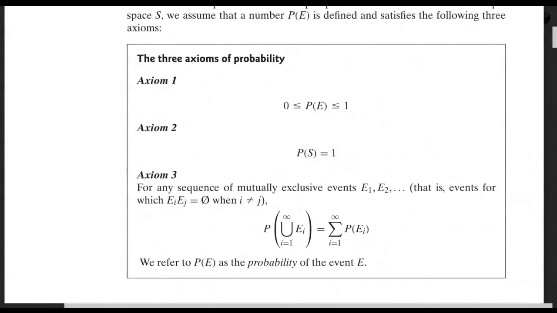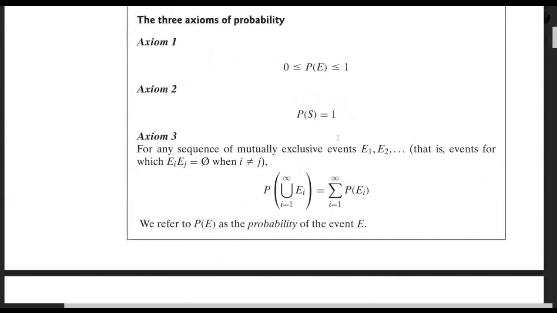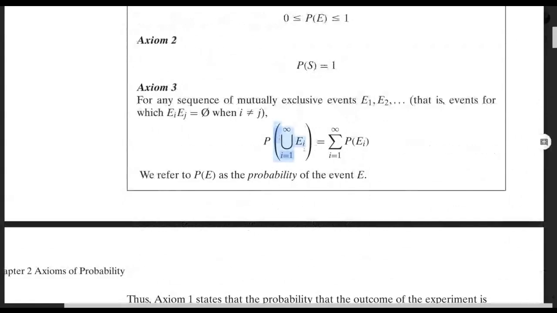The probability of tomorrow being a sunny day can only be up to 100%, it cannot be 110%. The probability of the sample space is 1, which also equals the probability of all the events. That's axiom 3: the probability of the union of all the events equals the sum of the probabilities of the events.